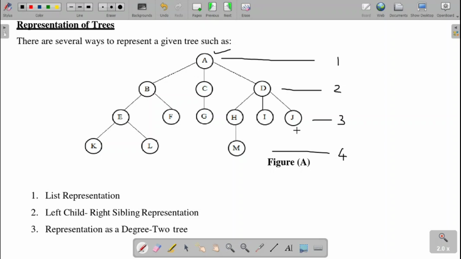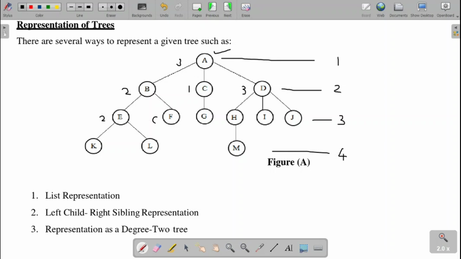The next one is the representation as a degree 2 tree. The degree, we learned already, is the number of children each node has. A has 3 children, so the degree of A is 3. B has 2 children, so the degree of B is 2. C has a single child, so the degree of C is 1. D has 3 children, so the degree of D is 3. E has 2 children, so the degree is 2.